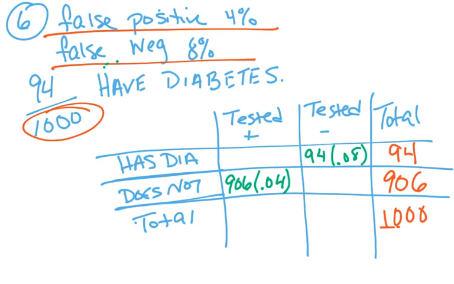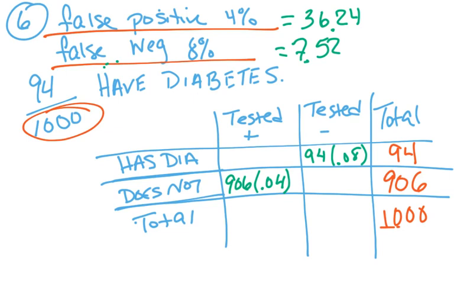Which then this would be equal to 36.24, and this would be equal to 7.52. Now that you know these, you know that this entire top row has to add up to 94.